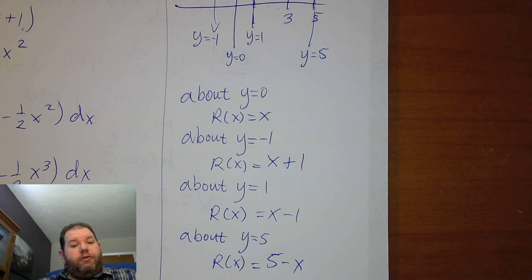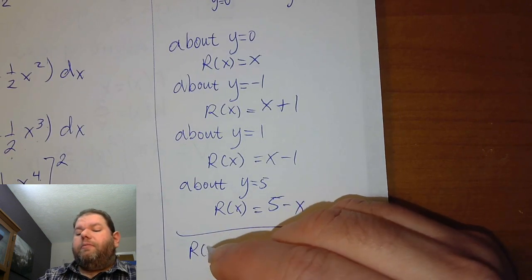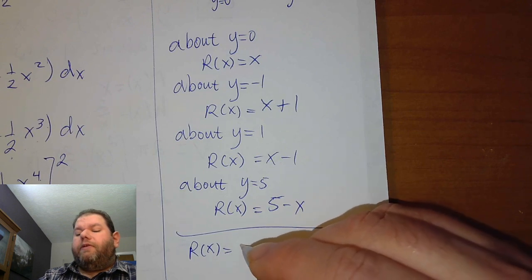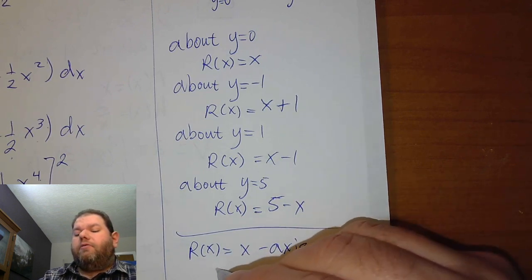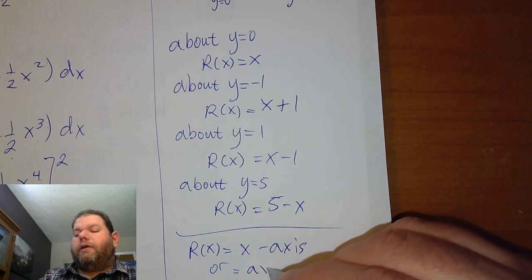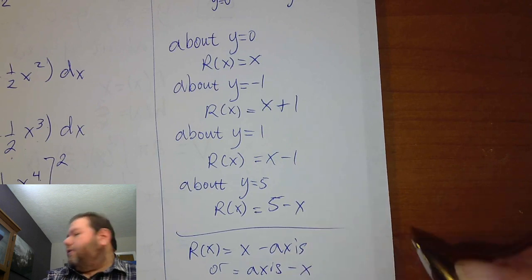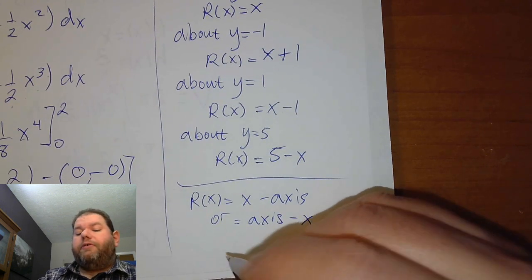In general, the pattern for r of x is x minus the axis, or axis minus x, depending on which one is to the right of the other.